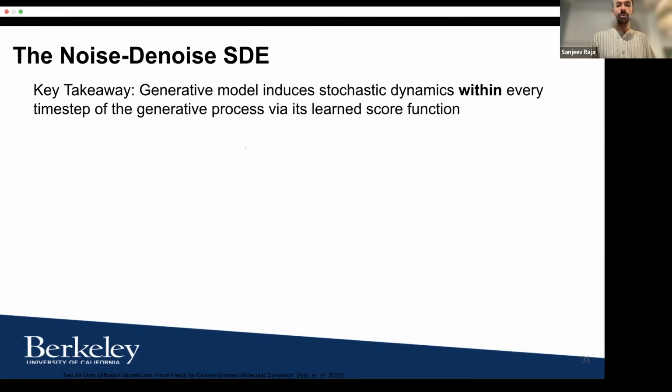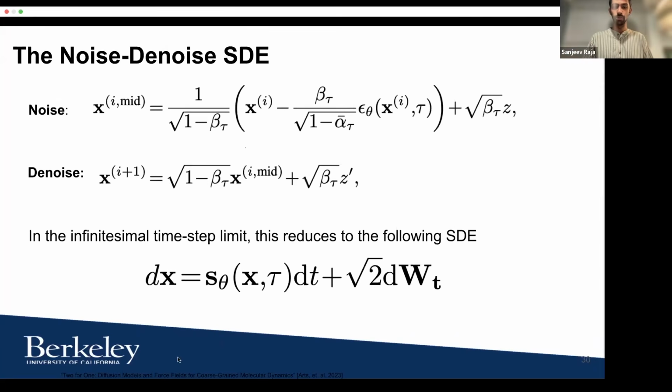We all know about the stochastic dynamics from noise to data, but that's across time levels, whereas this is a stochastic dynamics within a given time step of a generative process. So how would a random walk within a given time level, let's say t equals 123 of the diffusion model, look like? And so we now have a conceptual, mathematical model for what that generative process looks like.